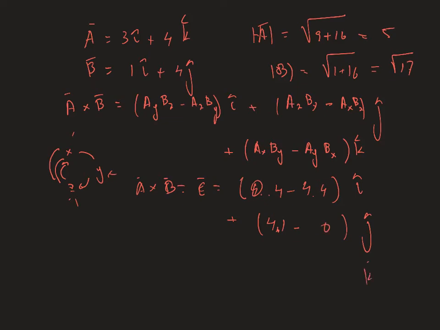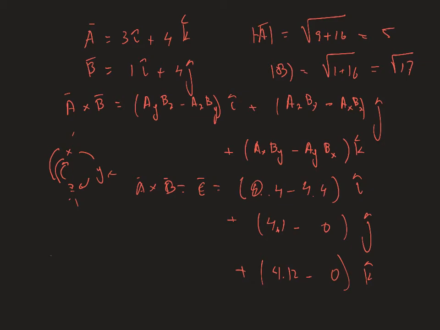And in the K direction, the vector will be AX·BY. AX is 3, BY is 4, that is 12, 4 by 12, minus AY·BX, AY is 0, by something, 0.